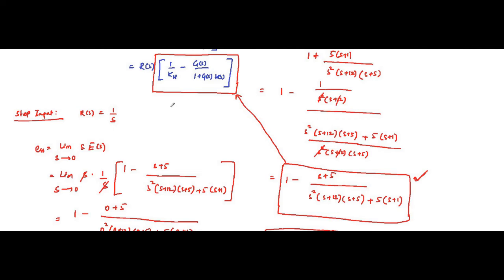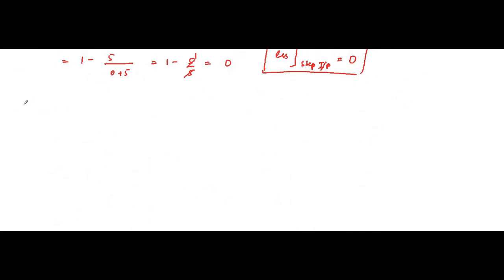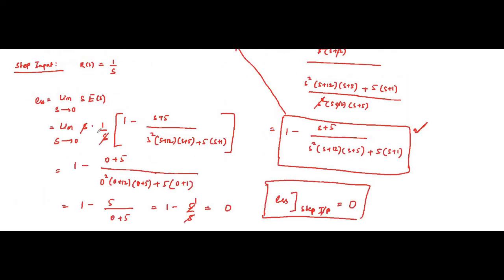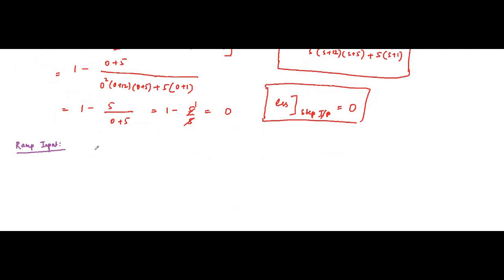So in this case, for ramp input, we just have to substitute this with 1 by s square. So here the steady state error will be limit s tends to 0 s es.